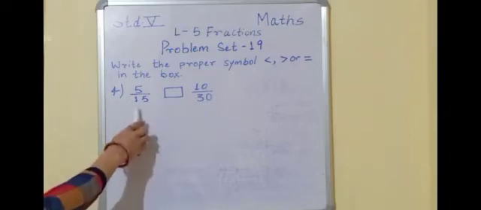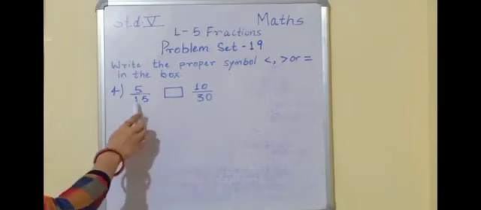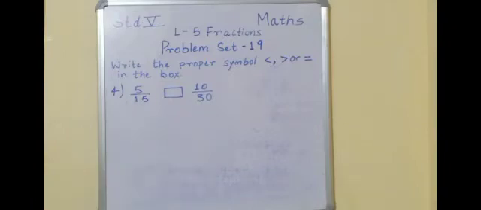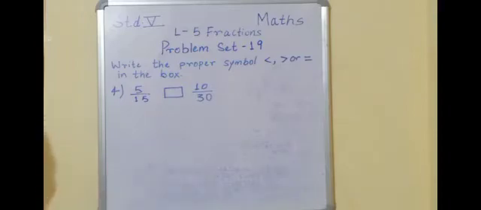By comparing the denominators, we can see 30 is twice of 15. So, if we multiply 15 by 2, we get 30. And then both the fractions have the same denominators.